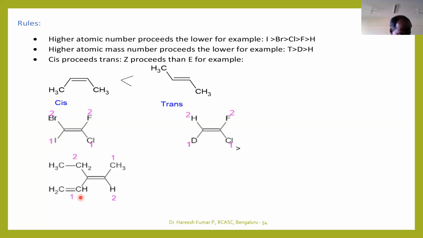So that's what you need to remember. And similarly between these two, of course, carbon takes priority compared to this. This is how you need to assign priority to the substituents. And with this, I can go to the next slide.